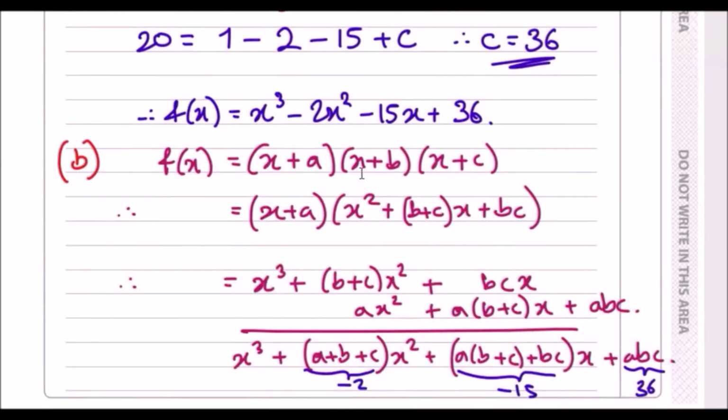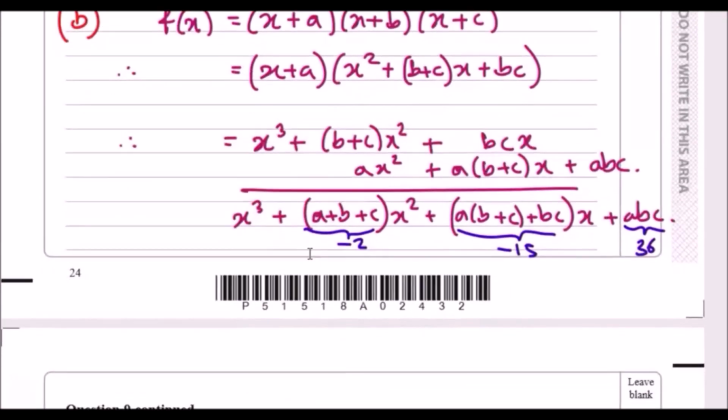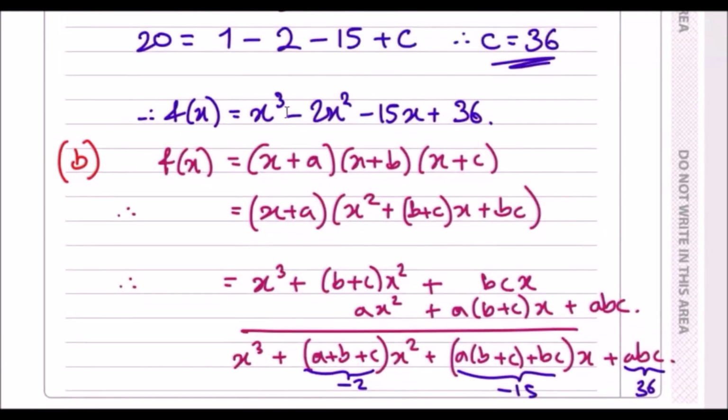Well, there is. And when you do this, I multiply the last 2 brackets to get this expression. So x times x is x squared, x times c and x times b gives you this when you collect it, and so on. And you expand the whole lot, basically, all 3 brackets. And you get this kind of nasty looking cubic equation. So basically all we say now is that for the x squared term, we know that if we compare it to the f(x) function, we can say that a plus b plus c is of course identical to minus 2, because it's the same value.